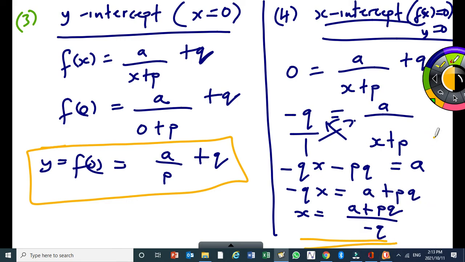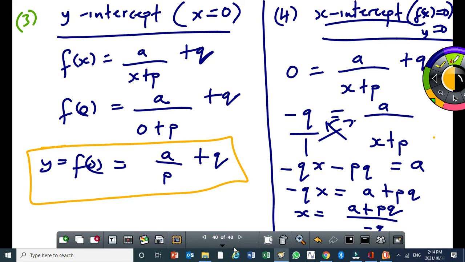Okay, so we have the y-intercept, x-intercept. Now let's move on to axes of symmetry. The hyperbola has got two axes of symmetry. And the axes of symmetry or lines of symmetry, they intersect with the asymptotes at a common point. You should know that from last year.